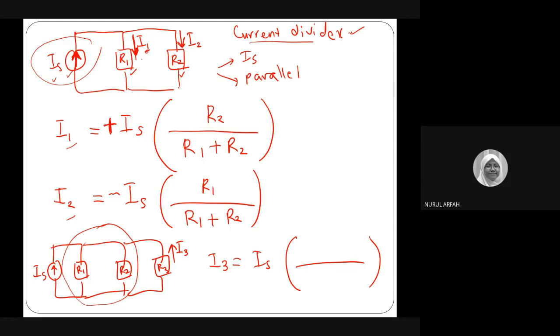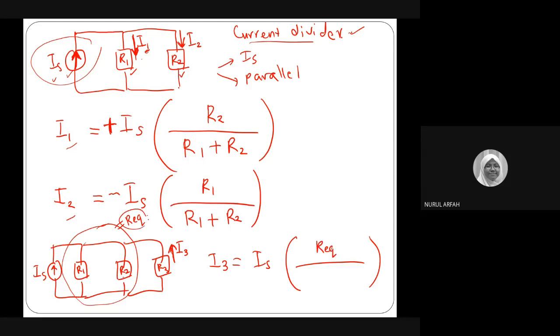How is that? They are in parallel, so you need to find R equivalent, right? The R equivalent of this, so it should be the opposite of the current through R3. So the opposite of R3 should be R1 in parallel with R2, which is this R equivalent.